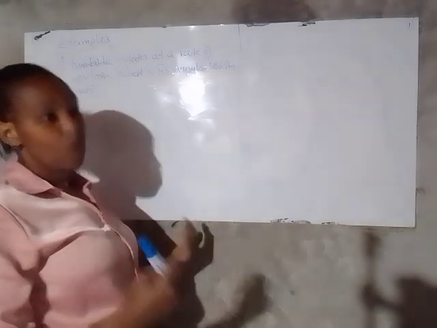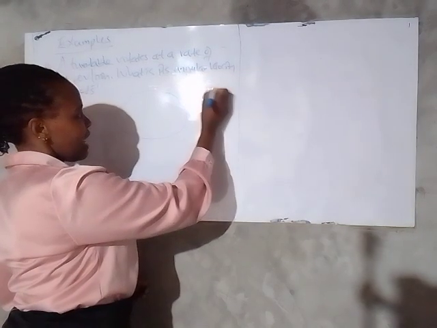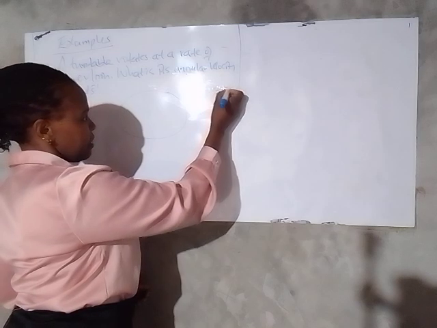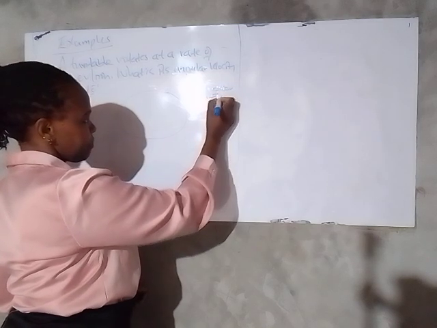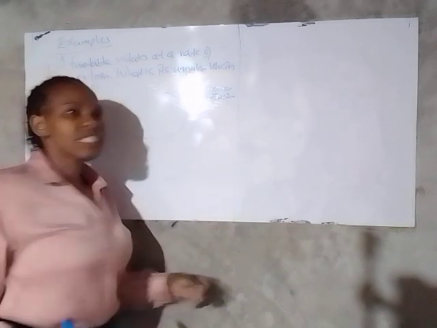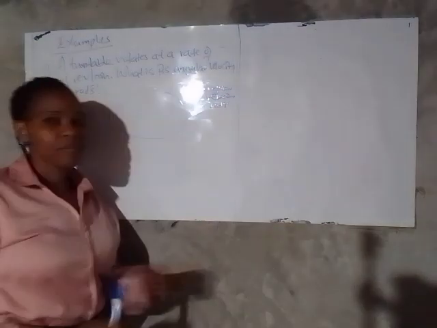Now, angular velocity, we said, is given by omega. We said it's given in radians per second. So how do we calculate angular velocity?